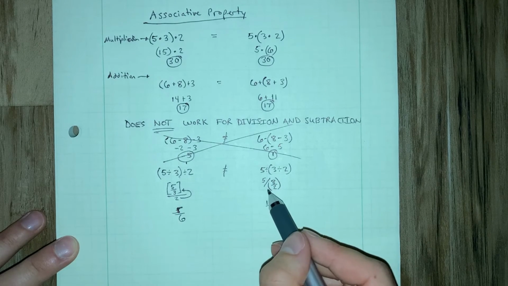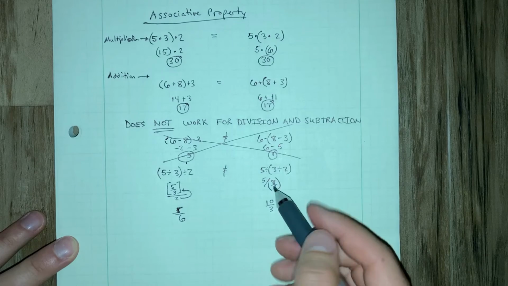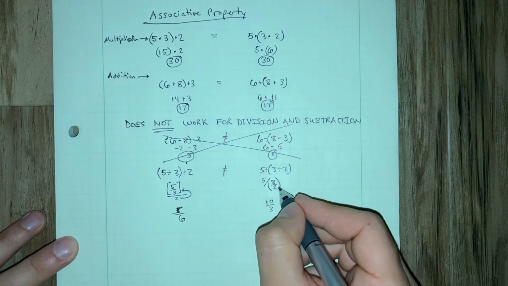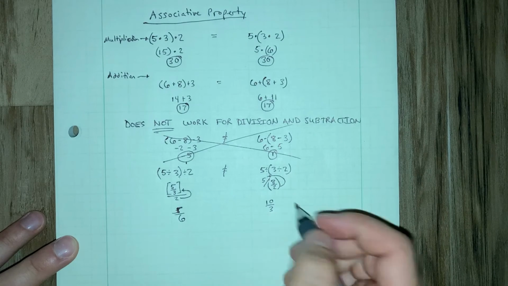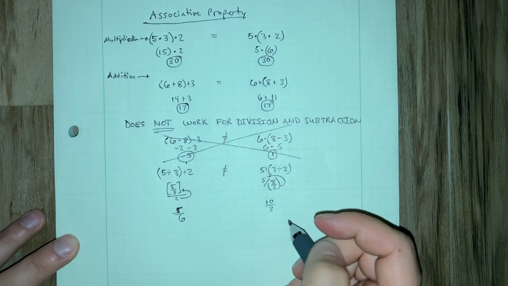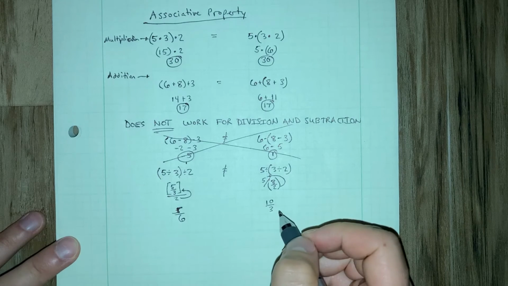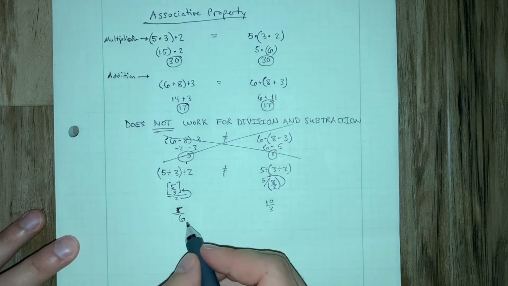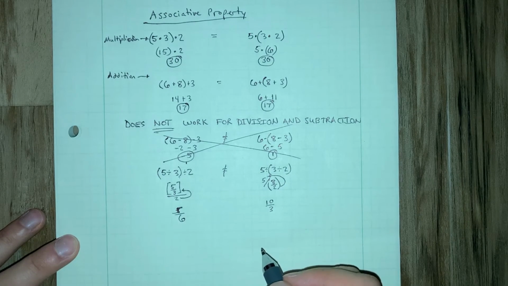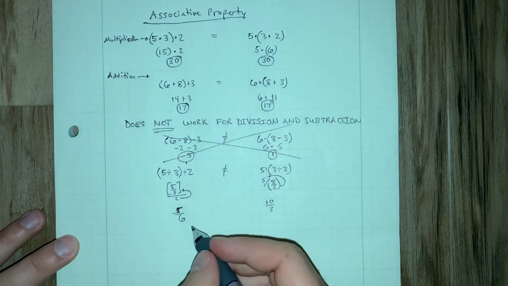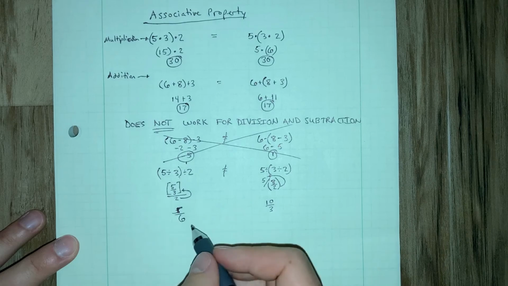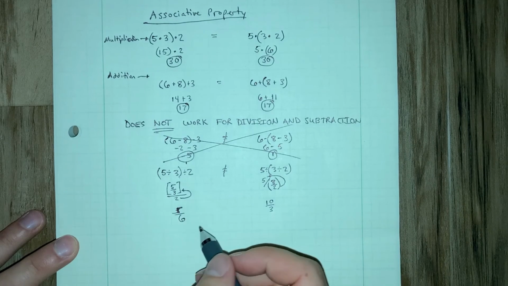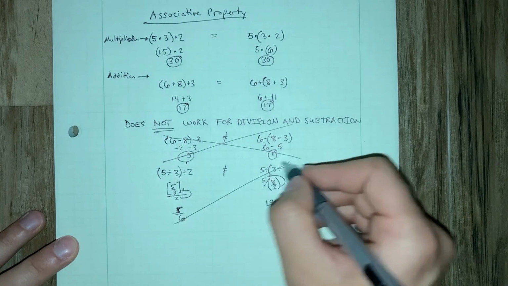And over here we have the 2, it jumps up to the 5. So that's how we get the 10. So 5 sixths and 10 thirds, those are not the same thing. If we try and get a common denominator, we'll have 20 over 6 over here, and 5 over 6 over here, so they're not the same. So that does not work.